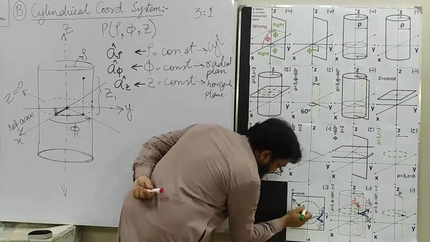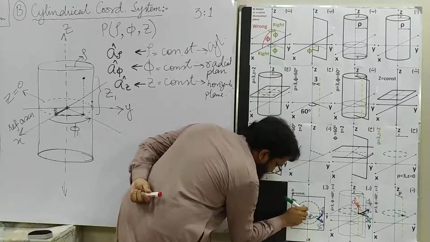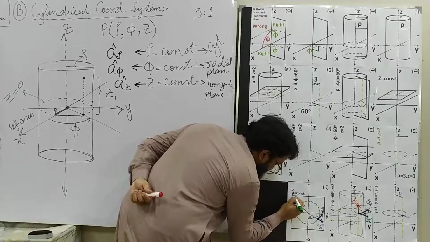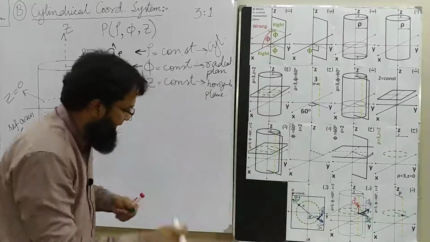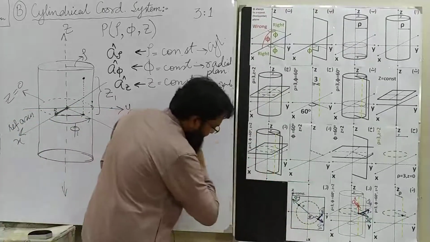We could have moved in that direction also, but this direction will bring us closer to the z axis, meaning it will reduce the values of rho. That should not be the case as per the properties of unit vectors. So this is the direction of a rho.